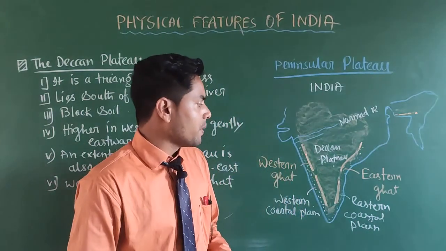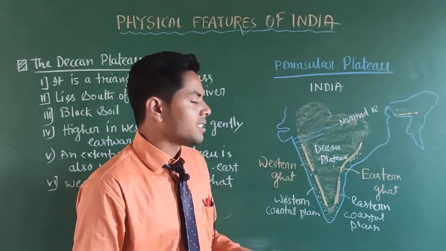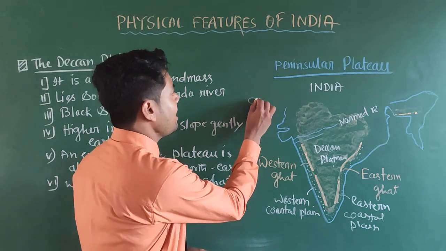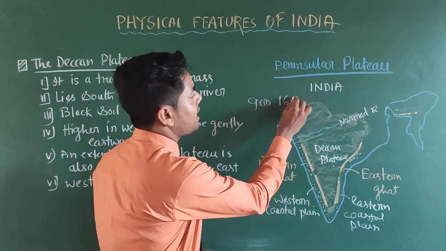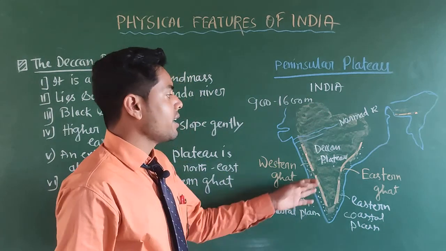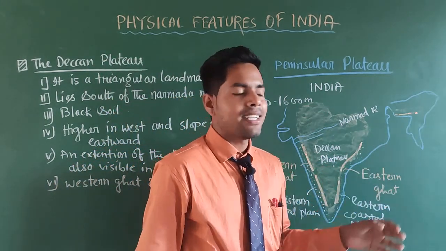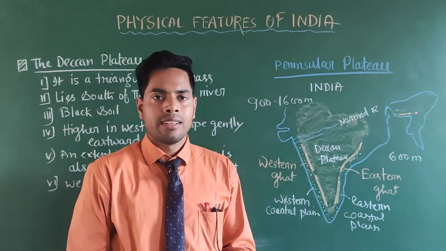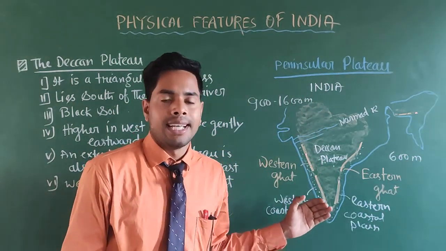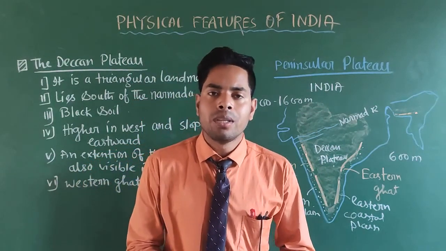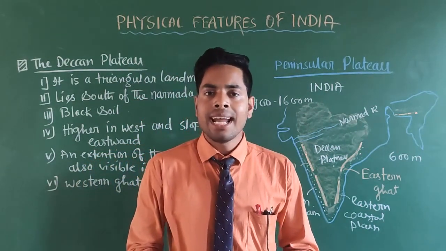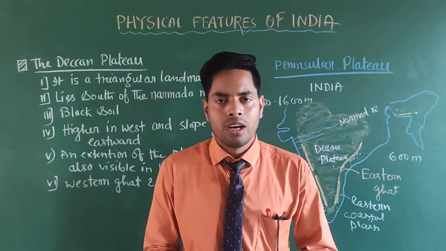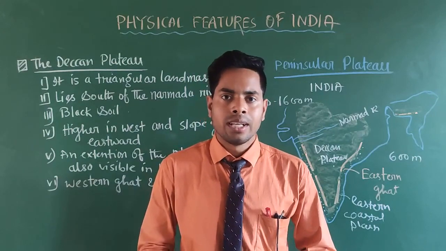The third important fact: the average altitude of the Western Ghat is from 900 to 1600 meters, and the average altitude of the Eastern Ghat is 600 meters only. Anaimudi is the highest mountain peak of the Western Ghat, and Mahendragiri is the highest mountain peak of the Eastern Ghat.